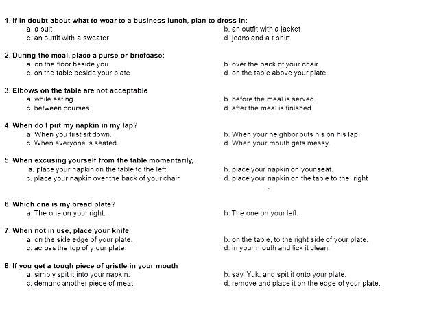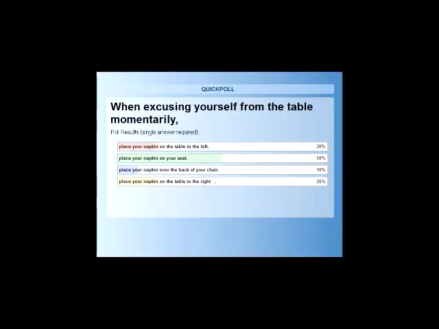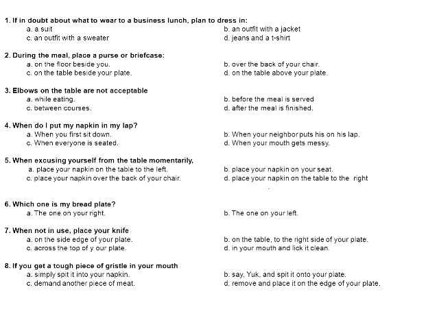Okay, here are the results. This one was very split. 20% of people said place your napkin on the table to the left. 50% said place your napkin on your seat. 10% said place your napkin over the back of your chair. And 20% said place your napkin on the table to the right. All righty. That'll be a good one.